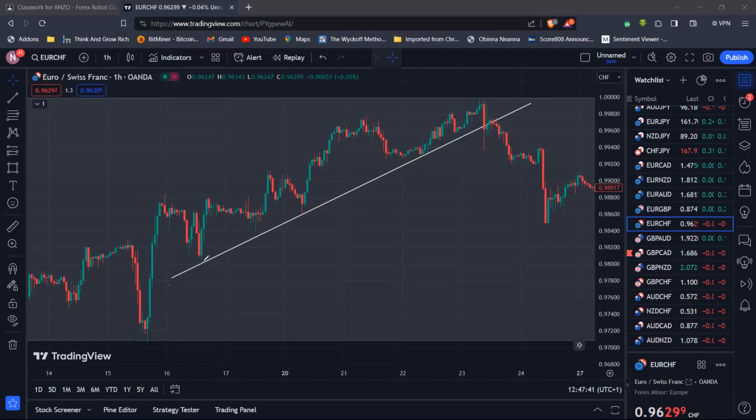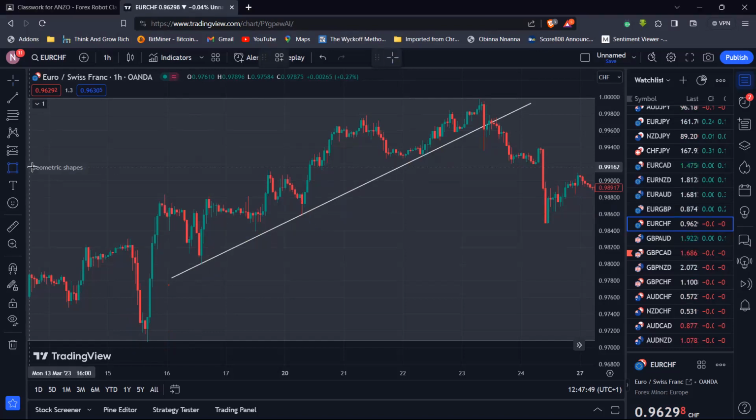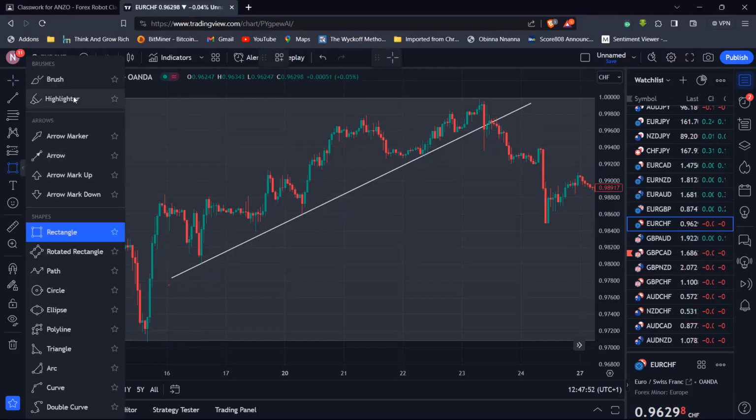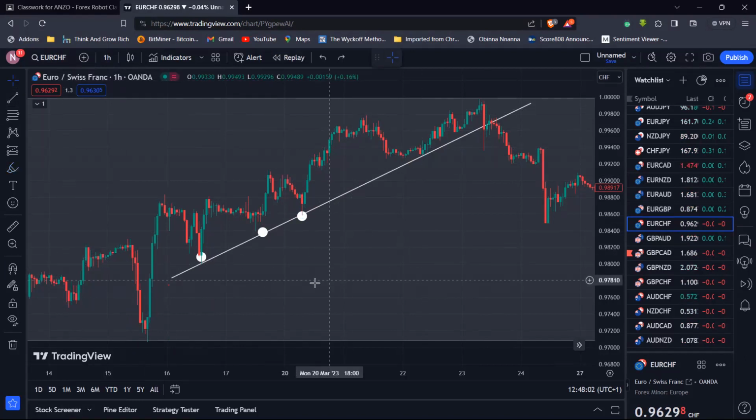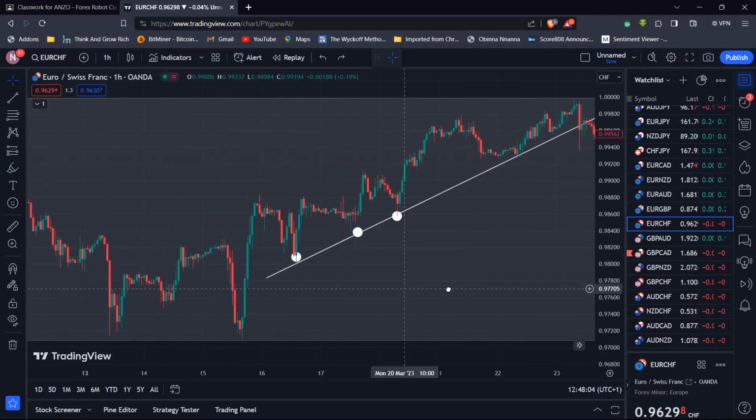Now, what do you think we'll be doing during this period? When we see the market make this, and we draw our trend line, what do you think I'll be doing as price continues to make its move higher and higher?